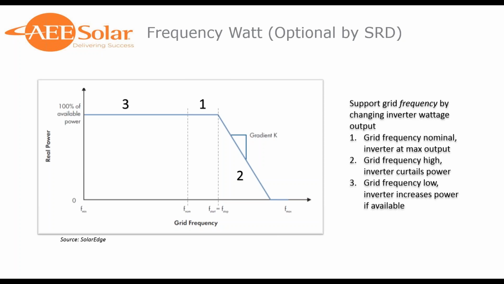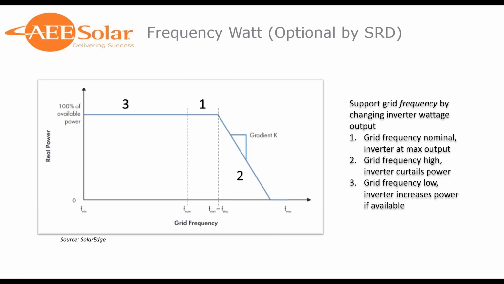It's probably hard to read these subscripts, but frequency nominal, F start and F stop, basically the delineation between the operating modes, between the standard operating range. You've also got a frequency set point on the high end and a frequency set point on the low end.